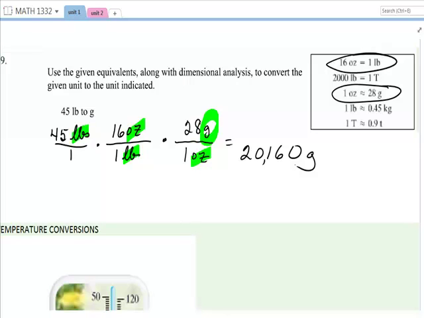I used the fact that changed pounds to kilograms. So I changed my pounds with that fact to kilograms. Then I used the slide scale to change my kilograms to grams. But you might be able to see I got 20,250. Whereas in class, in this recording, it's different.